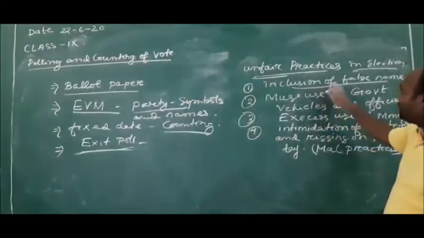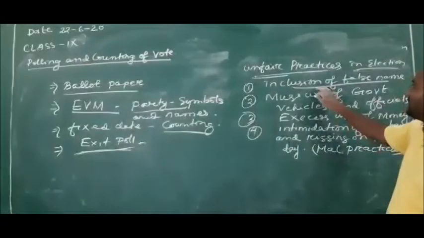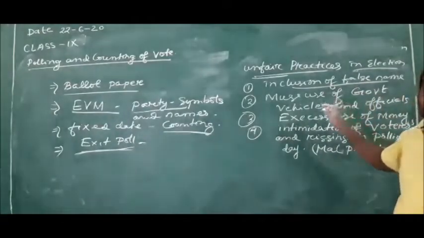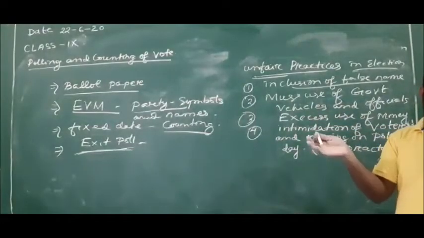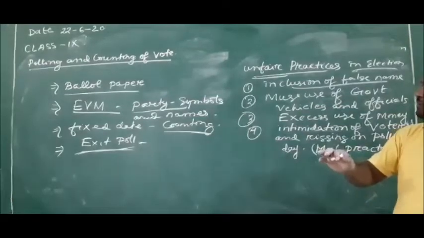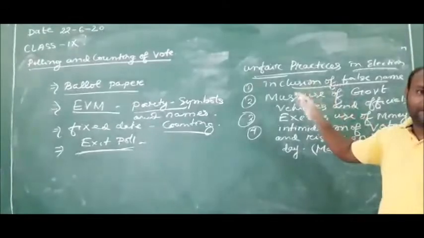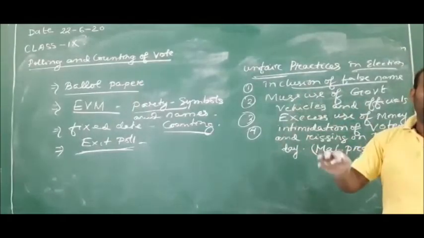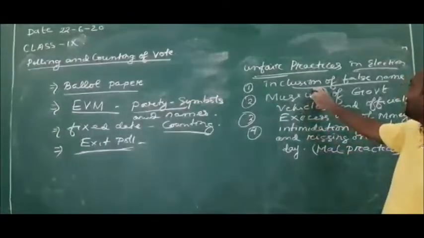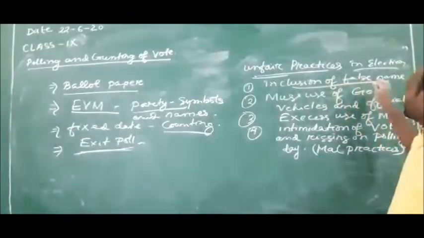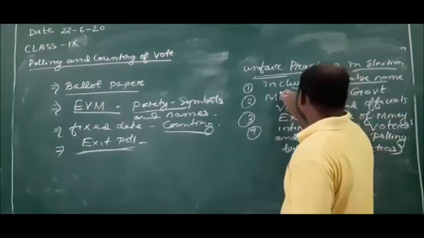In order to win the elections, the inclusion of false names used to be found many times. Sometimes the name of a person who has died was also seen during elections, and a person with good connections with the officials used to cast votes in the name of the false names.